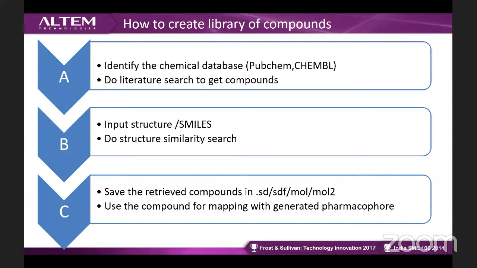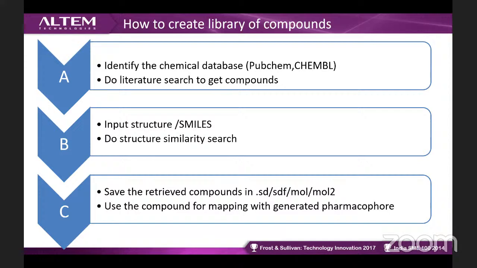It could be the Simplified Molecular Input Line Entry System, which we call SMILES, or SDF or SD format, MOL format or MOL2 format. Any kind of molecular format can be utilized, and you can do the structure similarity search.